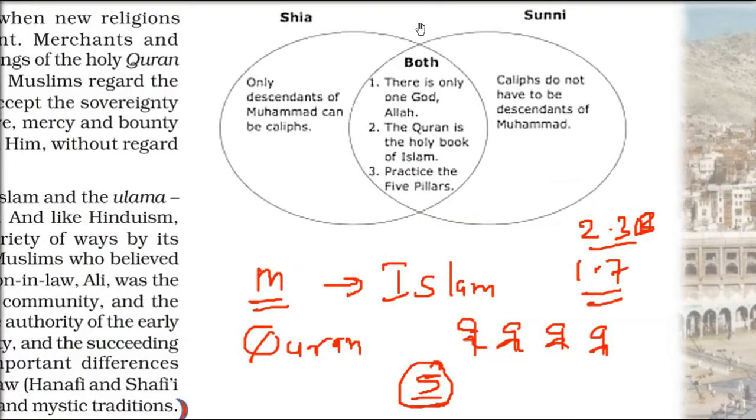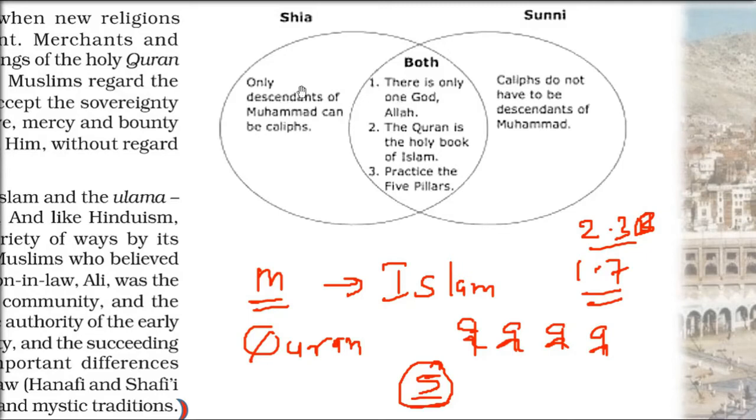So at that time, when Muhammad Sahab, Huzur, who was the messenger of God, died, his brother-in-law was Hazrat Ali. Now the Shia faction says that Hazrat Ali is our leader. But the Sunni faction of Islam said that whoever is layak, whoever has the capability, can be a leader.